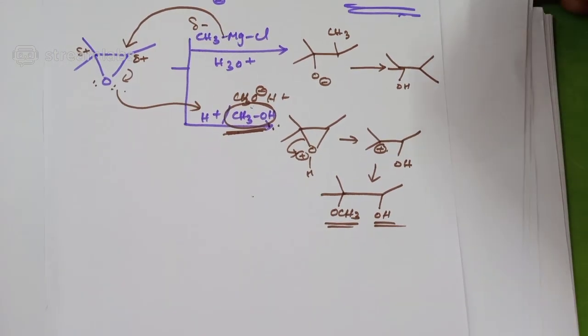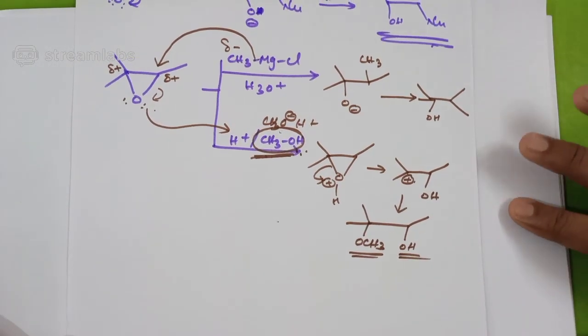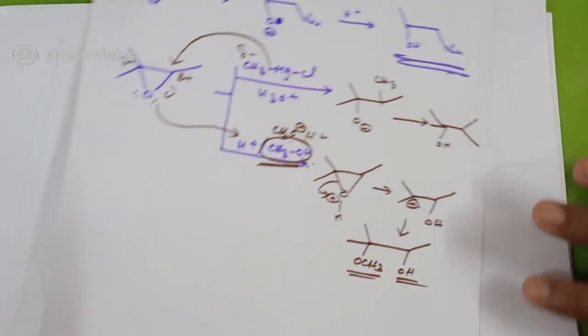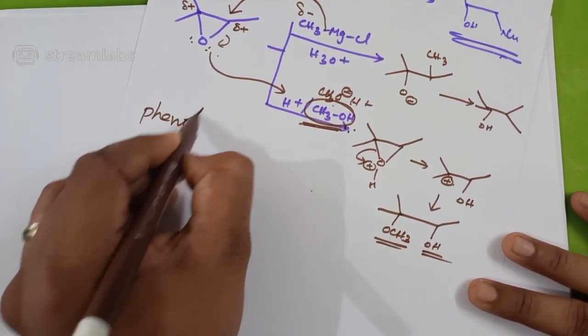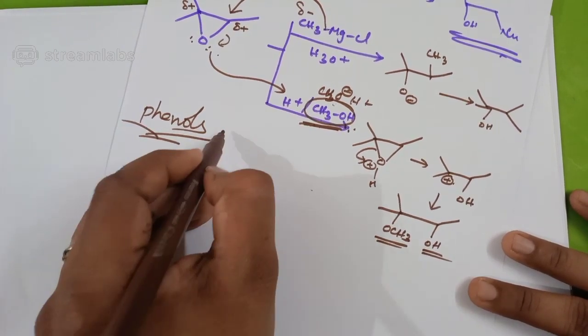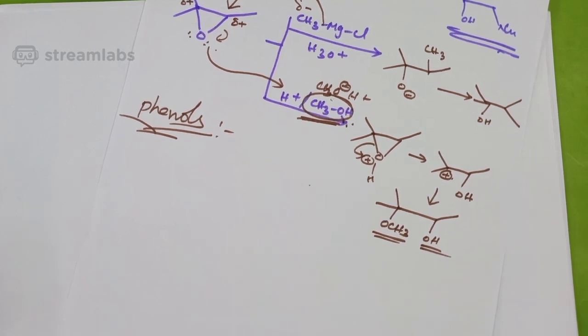So this is about the ether chapter. Also done. The last chapter we are discussing for today's class is phenols. I think now you're understanding organic is very easy, right? Yeah, don't feel like that.